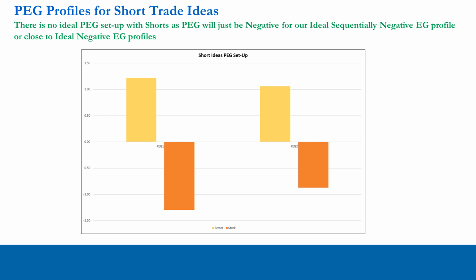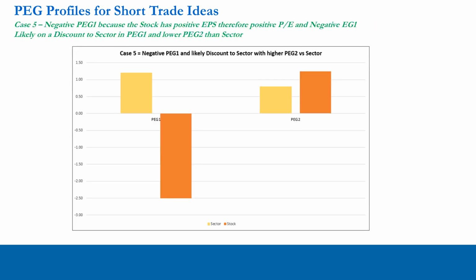Now, when we think of our cases of potential turnarounds through a short ideas lens, if we think of case number 5 and what the PEG profile is going to look like there, well, in period number 1, we're going to have a negative PEG, because the backdrop is that the stock has a positive EPS, and therefore it's going to have a positive price earnings ratio, but it has negative earnings growth.